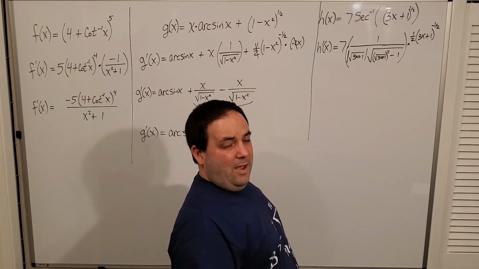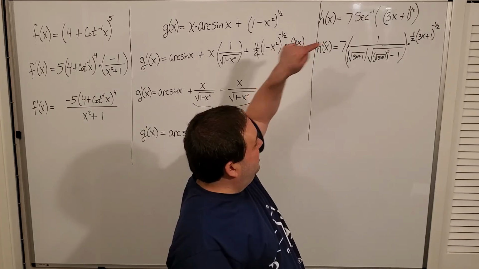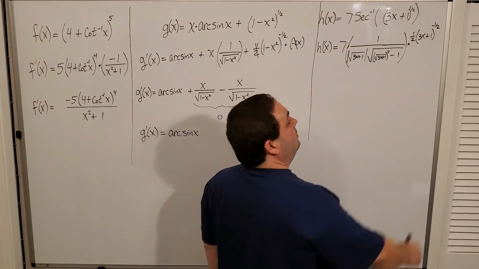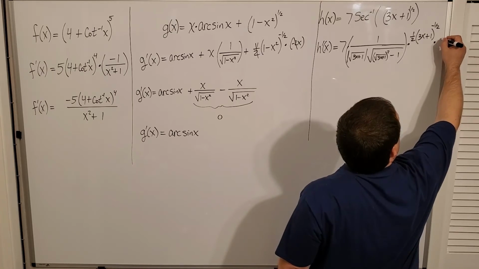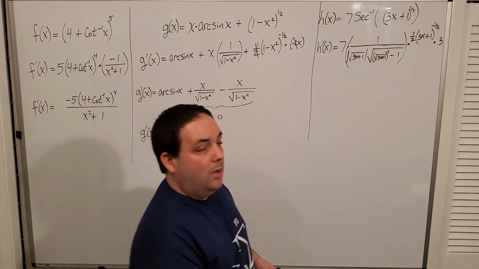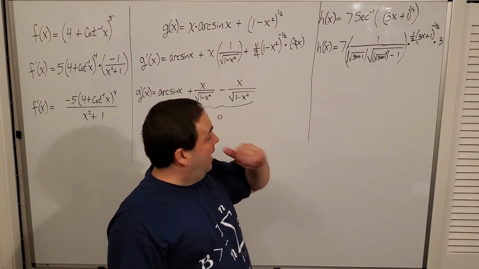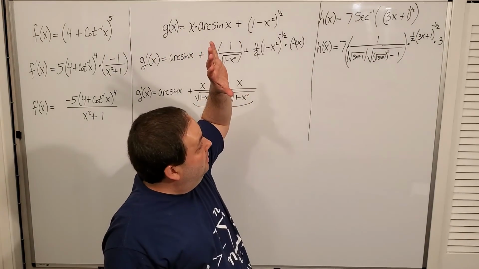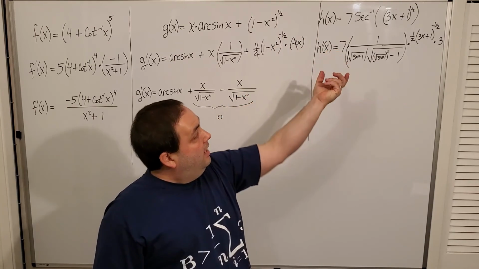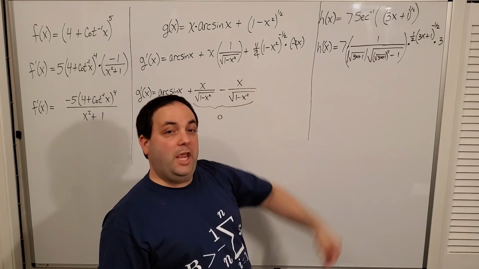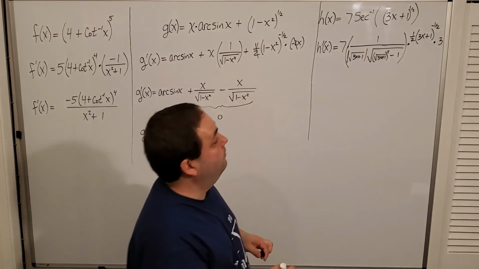But wait, that was a chain rule too. It was another inside function. The derivative of now the 3x plus 1, I have to do times 3. So I actually had 3 composed functions, right? I had the arc secant, I had the square root, and then I had the 3x plus 1. Okay, so that's a double chain rule there that we just performed.